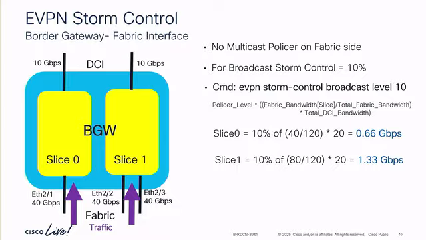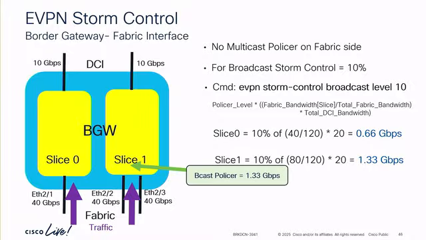Slice 1 has two 40 gig interfaces. That's how we got 80 gigs for the fabric bandwidth for that slice, and therefore proportionally the policing rate increased. Right, so now the broadcast policer is also applied for slice 1 at 1.3 gigabits per second. The same principle is applied for unknown unicast.